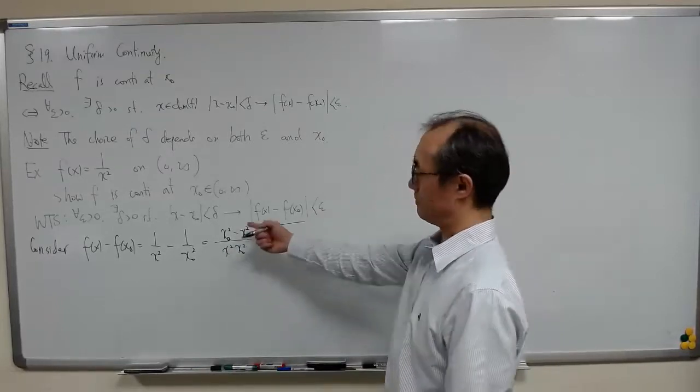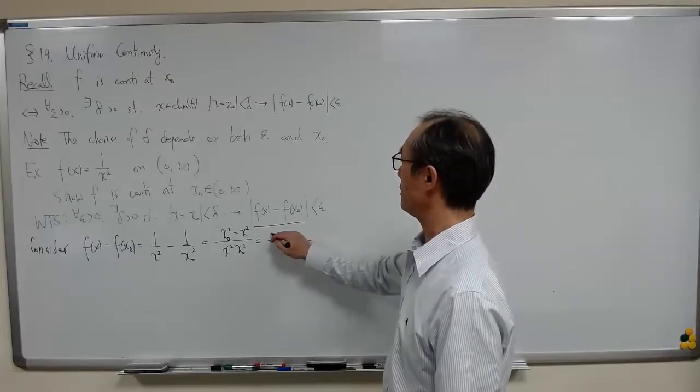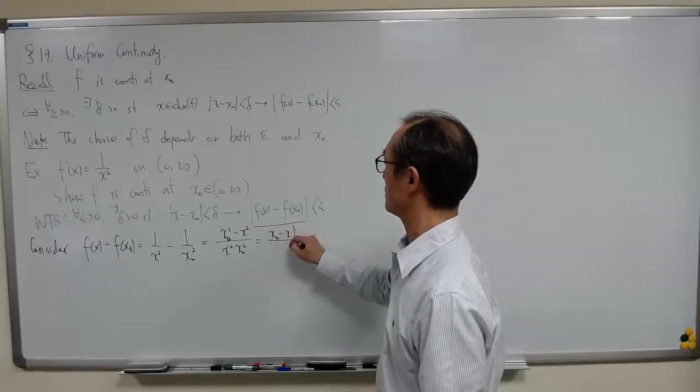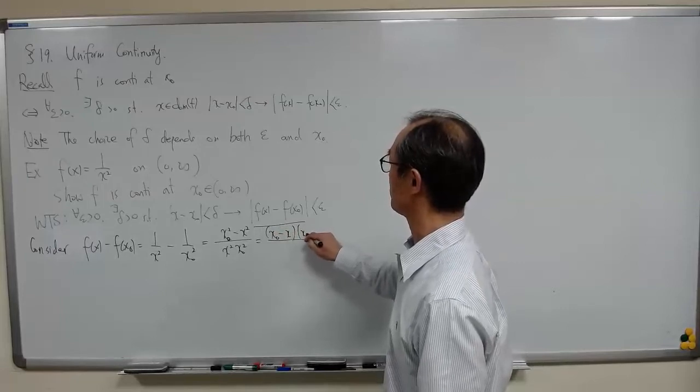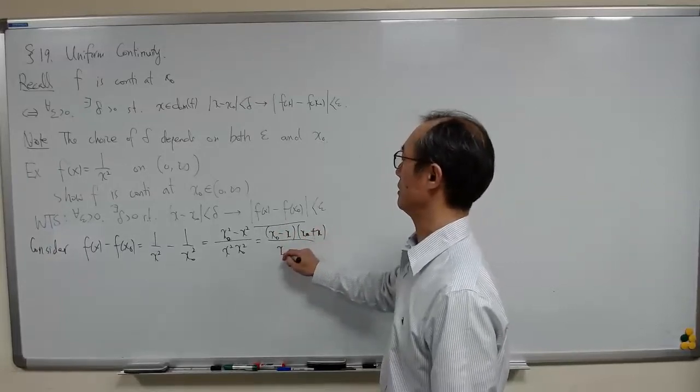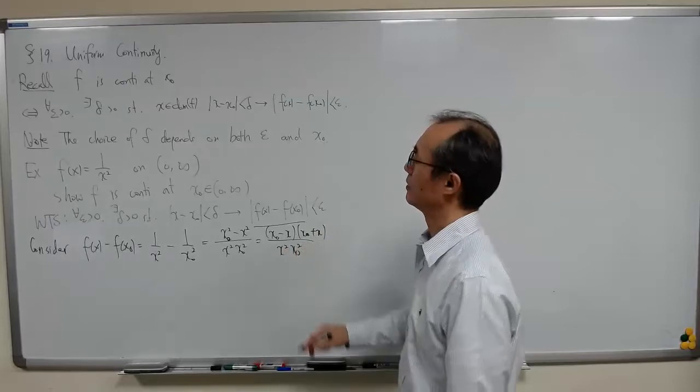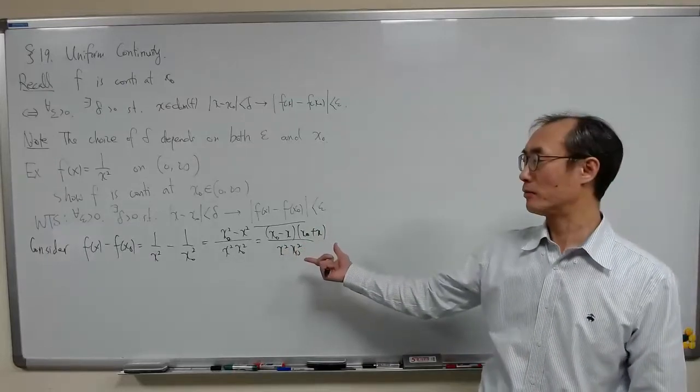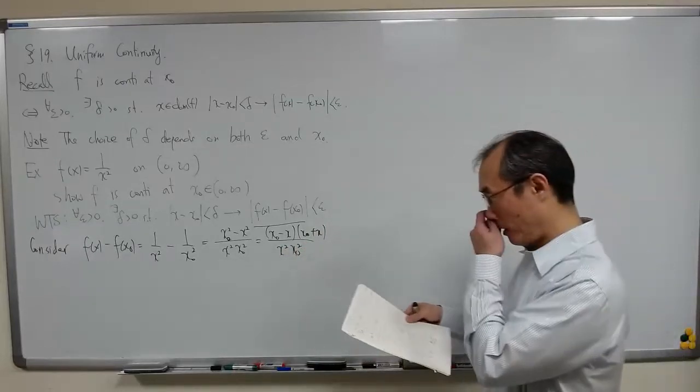And we can factor the numerator to get x naught minus x times x naught plus x, over x squared and x naught squared.